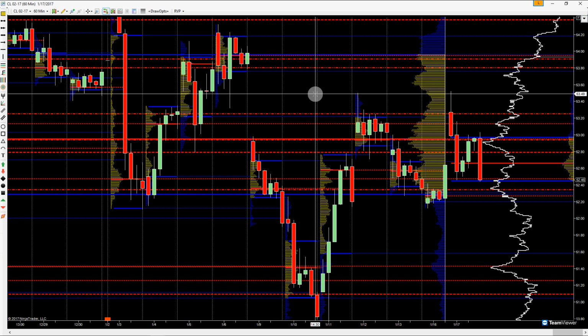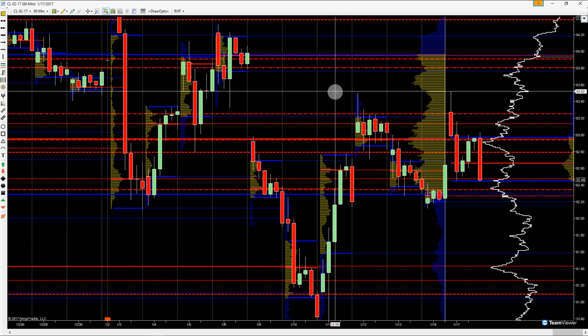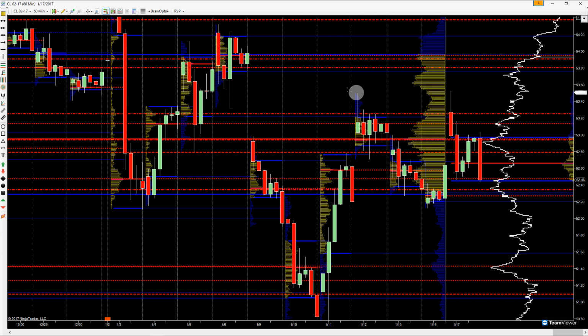Also, I found an app that should help you guys keep track of where my mouse is on the screen. Hopefully, that's going to help. I noticed yesterday that as I was talking about stuff, the way the cursor works and how the crosshairs move around all these charts at once, it can get a little confusing, and you'll see what I mean when we go to the other screen.